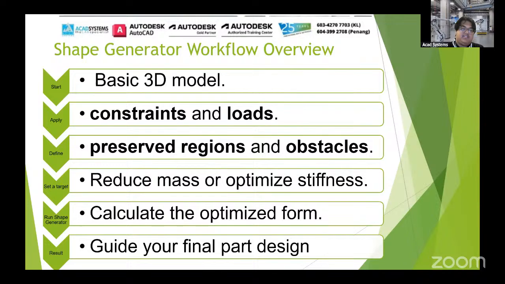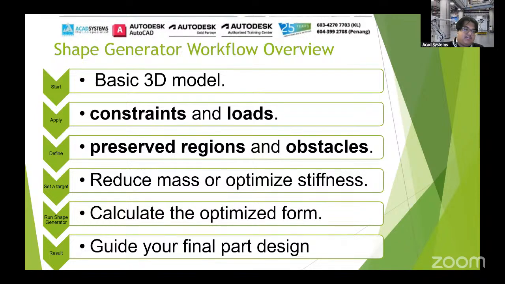And then from there, you reduce your mass or optimize the stiffness. Set a target. For example, usually you want to use shape generator to reduce the weight of the parts, right? So this is where you tell the AI specifically by how much you want to reduce the mass of the part. For example, maybe some parts you want to reduce the weight by 30%, so you can define it here.